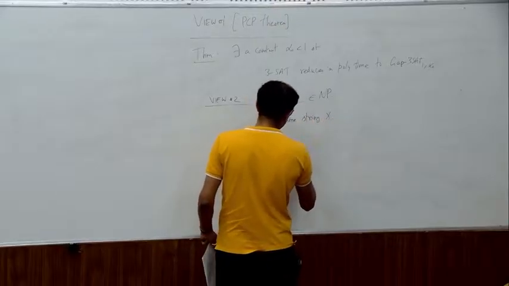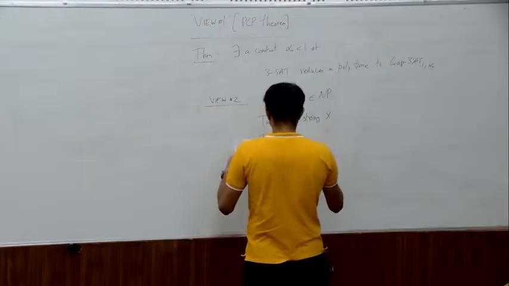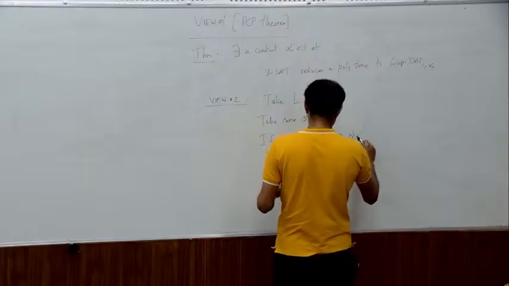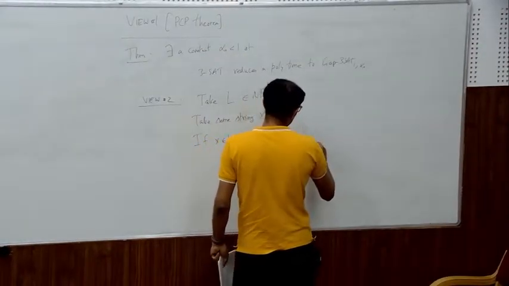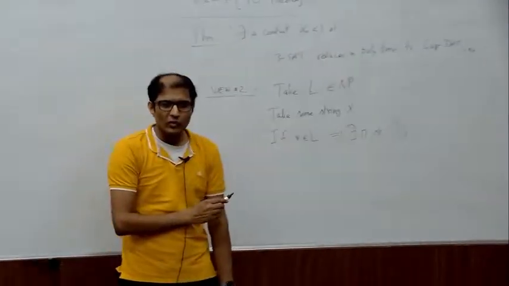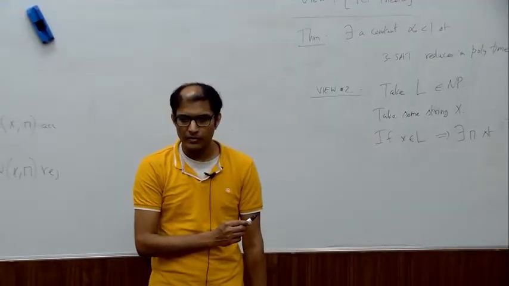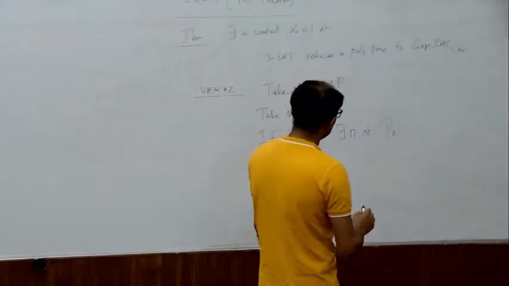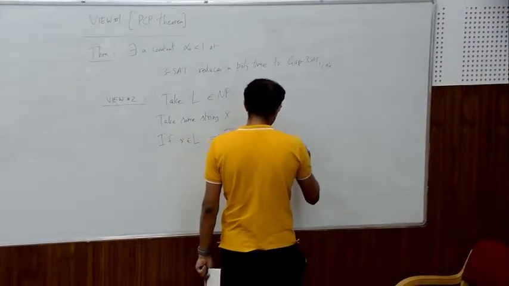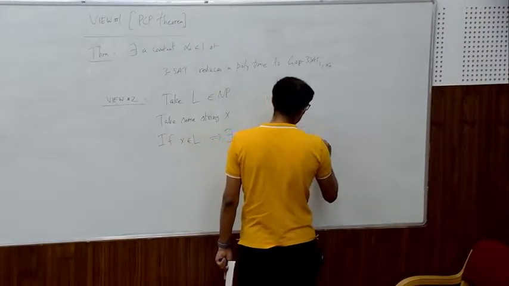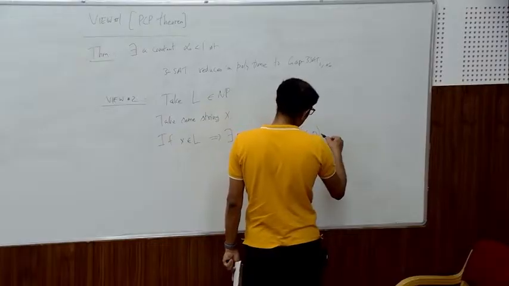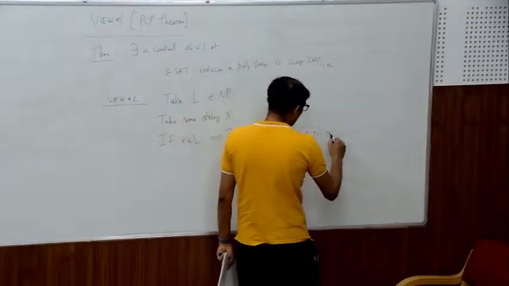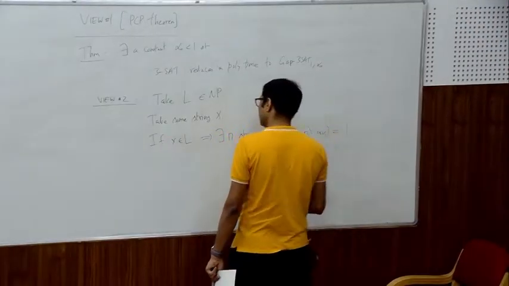If x belongs to my language, then there exists a proof pi such that, and now suddenly we are invoking probabilities, now the verifier is randomized. The verifier can toss coins. The probability over the random strings of the verifier, that the verifier, when it looks at the string x and the claimed proof pi, accepts is exactly 1.